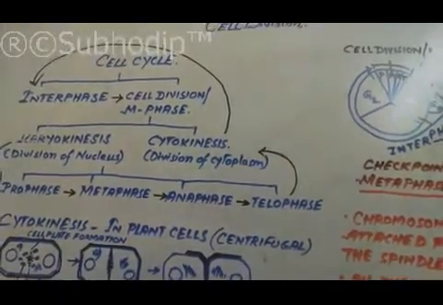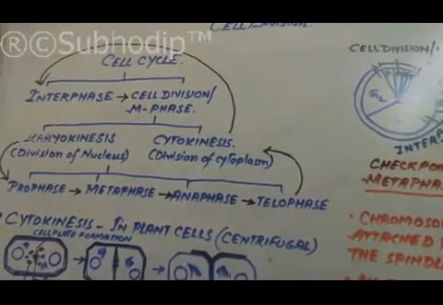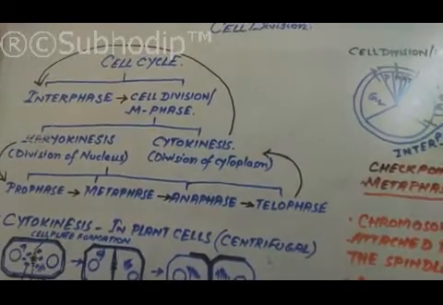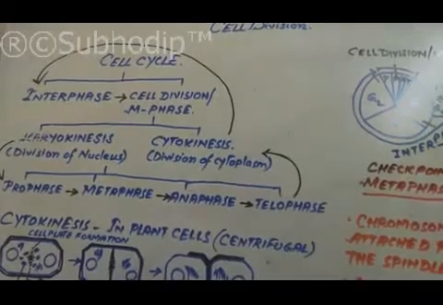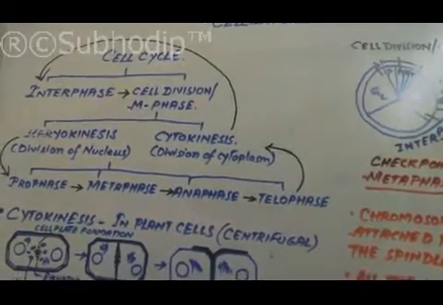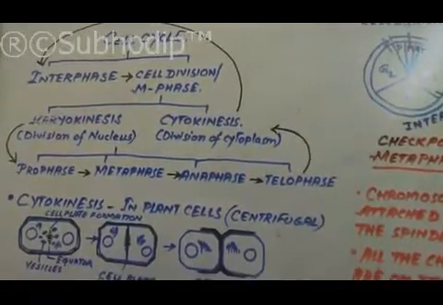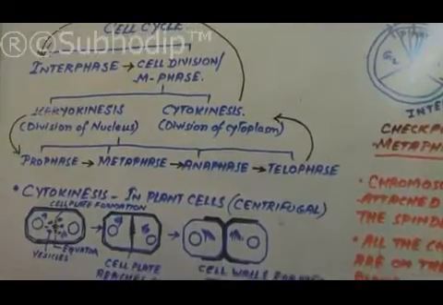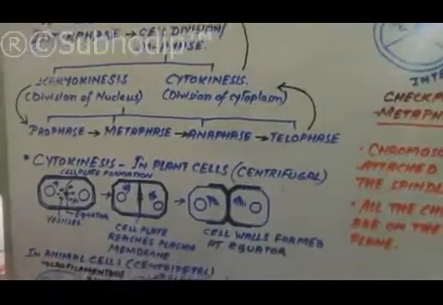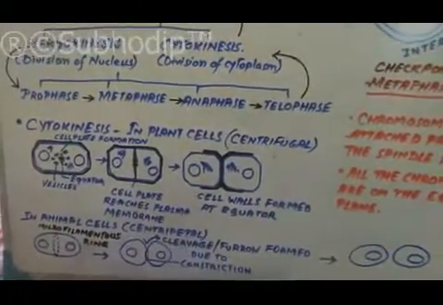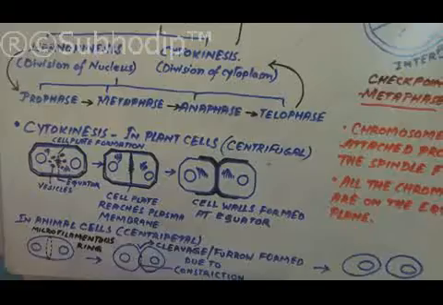Cytokinesis is the process of cleavage and separation of the cytoplasm and is the final stage of mitosis. Cytokinesis is different according to the nature of the cell, be it plant or animal cell.